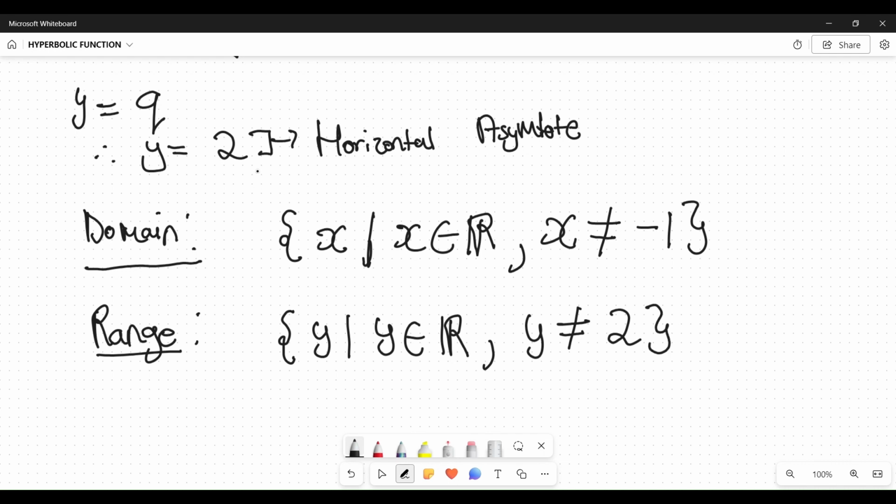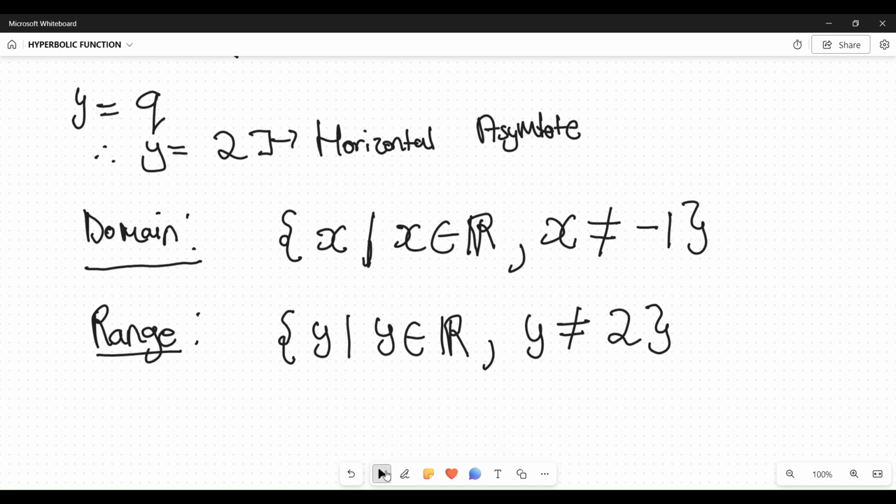Remember, when we said our horizontal asymptote is y equals 2, we are saying that our function will never touch the line y equals positive 2. So the range is any real y value, but y will never equal positive 2. So now we have identified the asymptotes, the domain and the range.